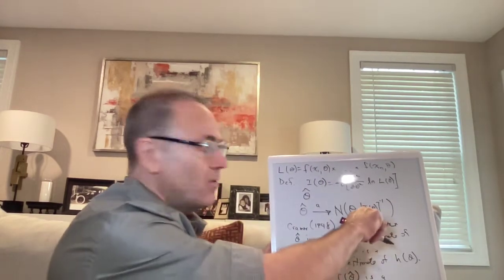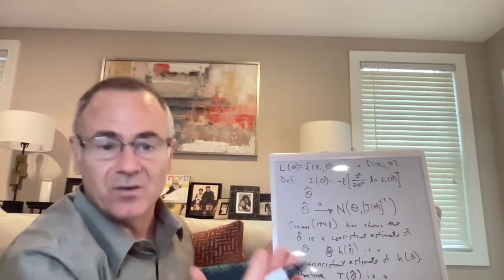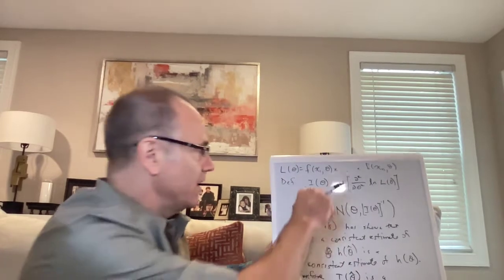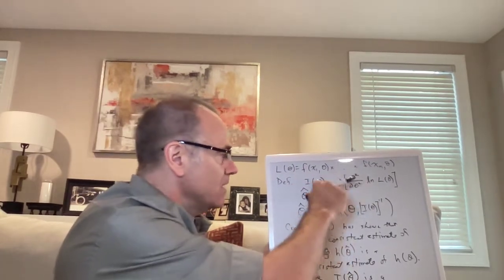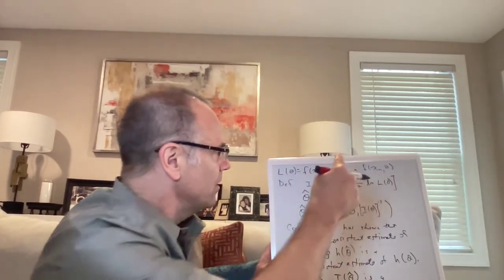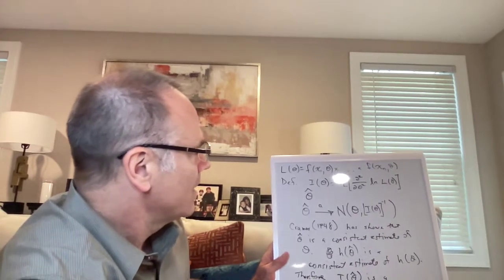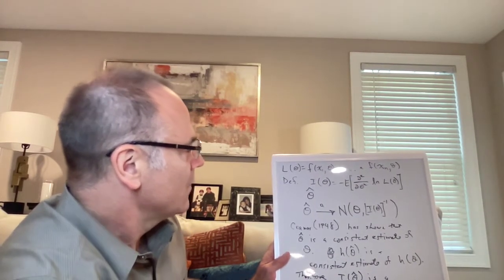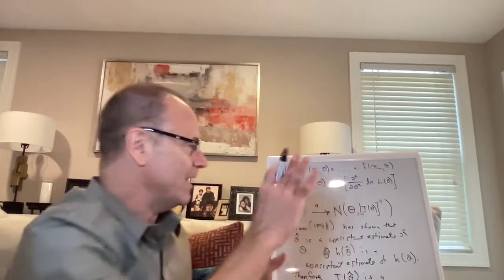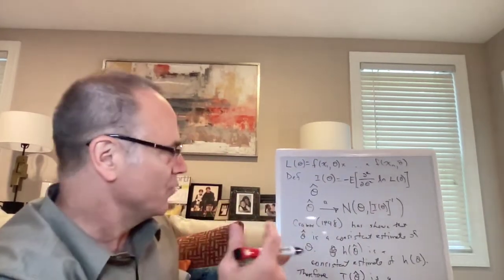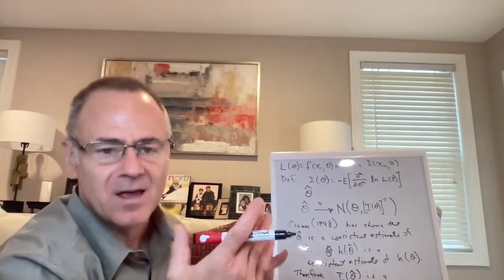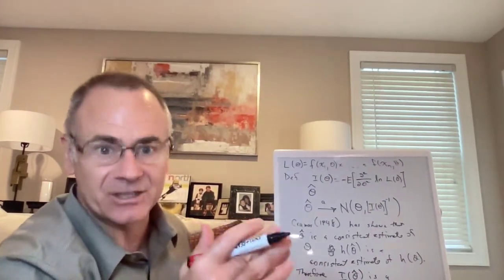We don't know I of theta, but what we do know is I, and that's just going to be the second derivative of that. We're going to have the expected value of that. Anyway, we're going to have to ignore that expectation for a second. What we will do in practice is take the second derivative, which we'll call the Hessian matrix.